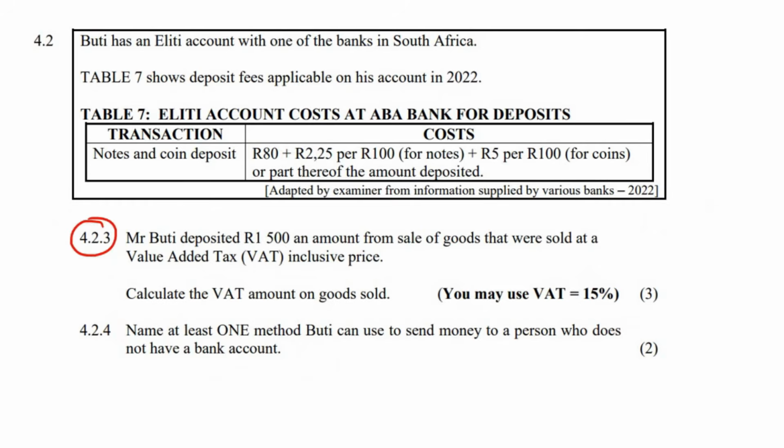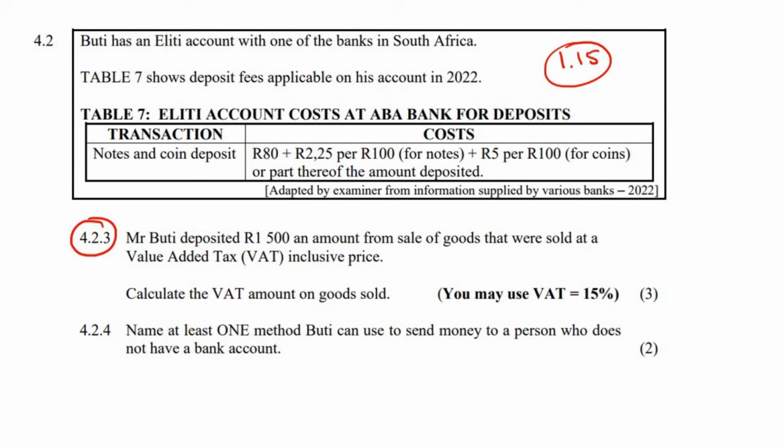Okay, now these questions say that Mr. Booty deposited 1,500 Rand, an amount from sale of goods that were sold at a value-added tax inclusive price. Calculate the VAT amount on goods sold. Okay, so I've always told learners that there's all these weird fancy calculations that teachers use, but the special number that you need to remember when you think about VAT is 1.15, okay?